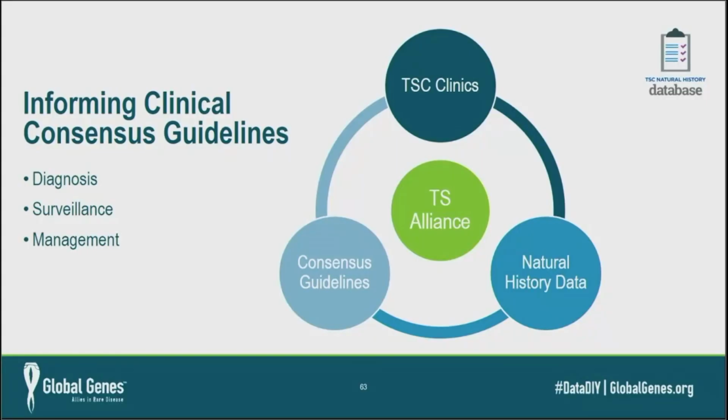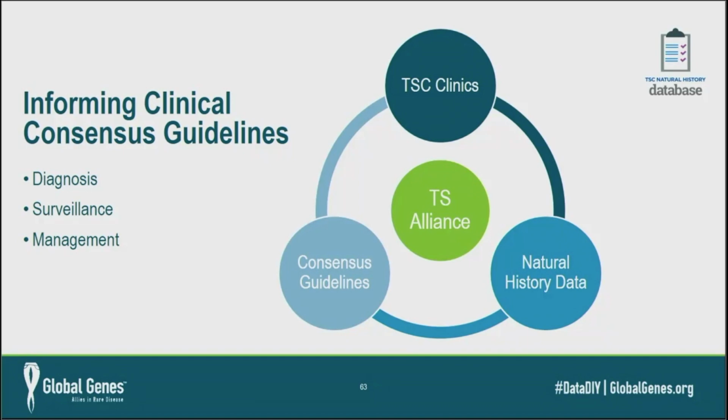But it takes the data, and I think particularly from multiple centers, to be able to compare and say what really makes a difference or doesn't make a difference in the outcomes. And so this is just a diagram I created that really shows this link and this interaction between our TSC clinic system. So we have centers of excellence, if you will, or what we call TSC clinics that meet certain criteria.